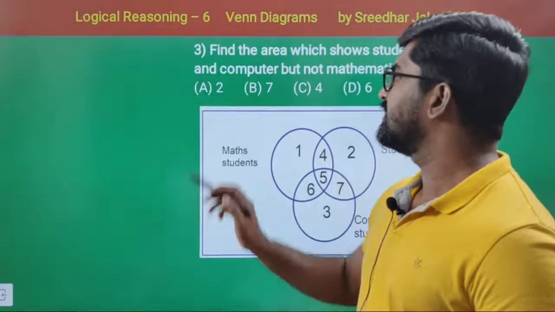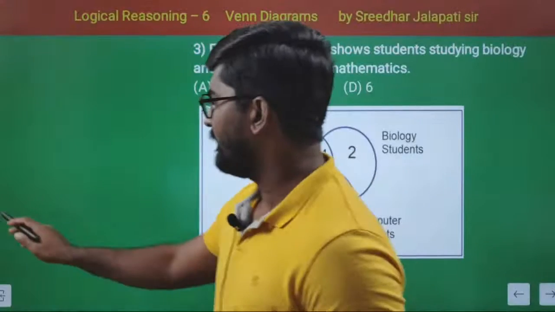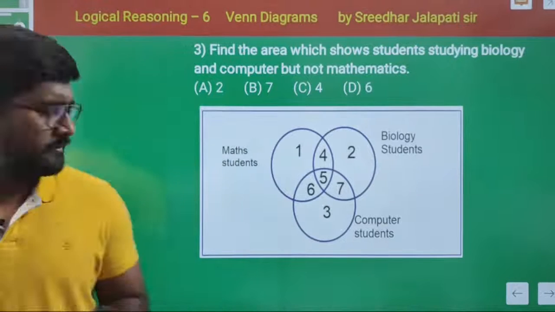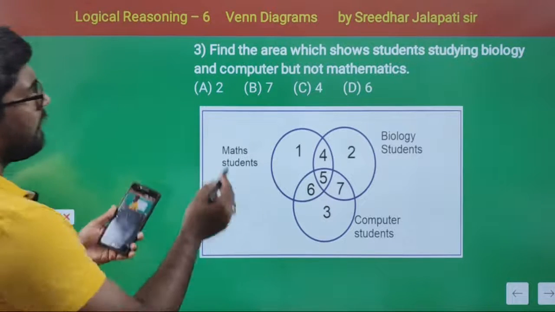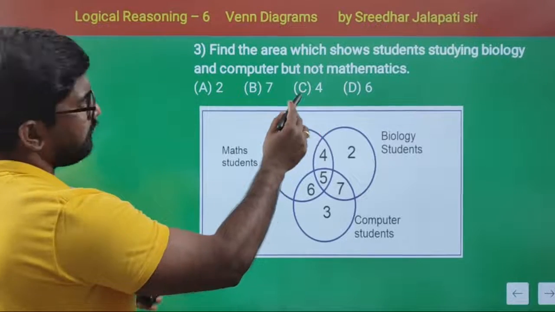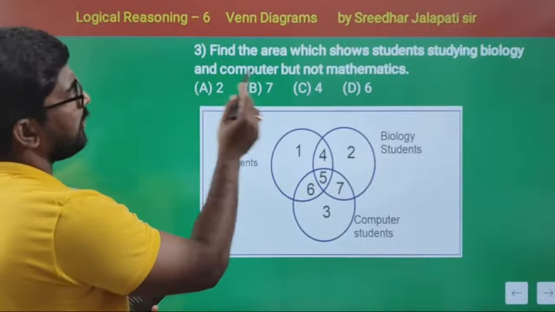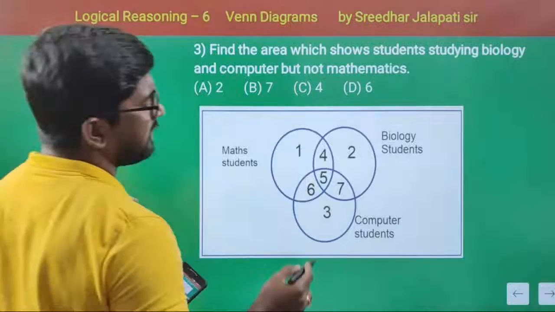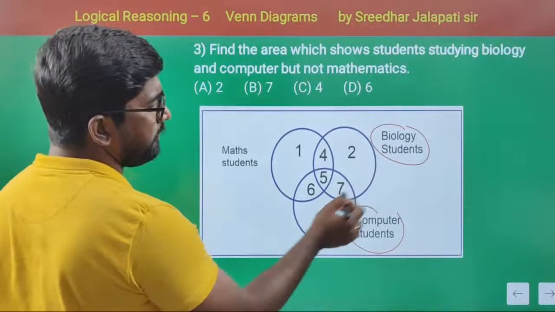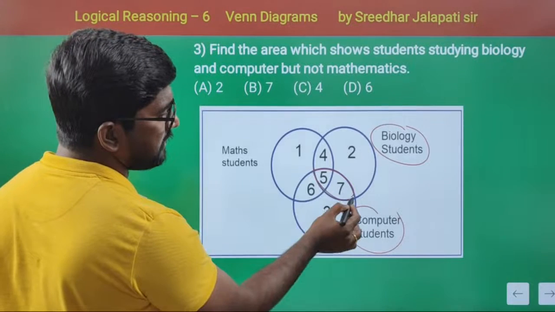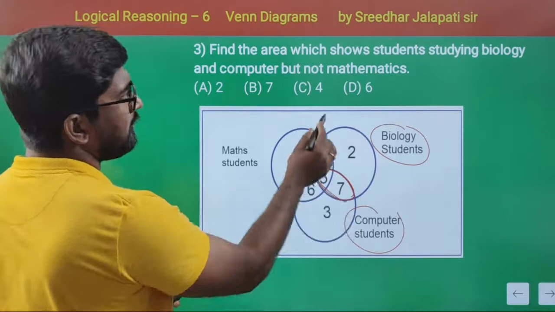Right. Here is the answer for the question. Find the area which shows the students studying biology and computer but not mathematics. Biology and computer is nothing but this region, 5 and 7, but not mathematics.